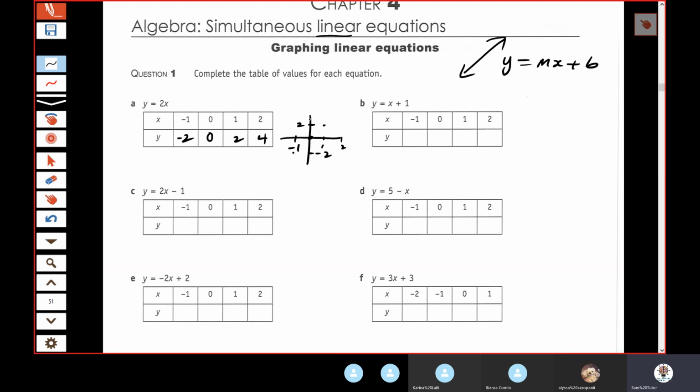I'm pretty sure we should all be able to draw a straight line through those 4 dots. Any questions? No.